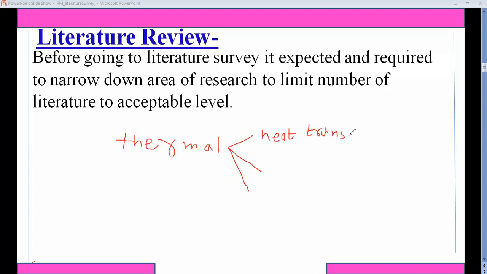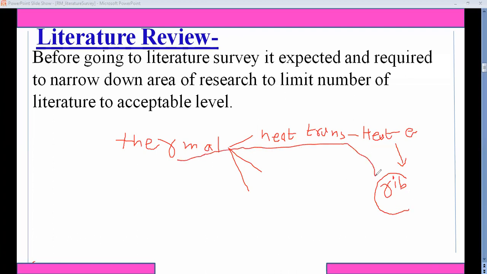Then I selected heat transfer enhancement. And in that area, again, I selected the way, like I used ribs for enhancing the heat transfer. So I've narrowed down. We need to first narrow down our area, then search the literature.